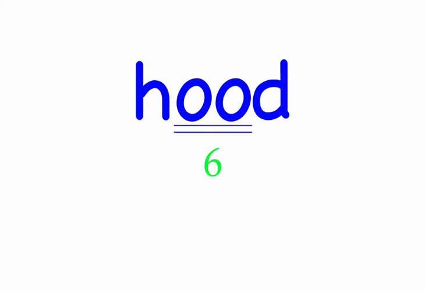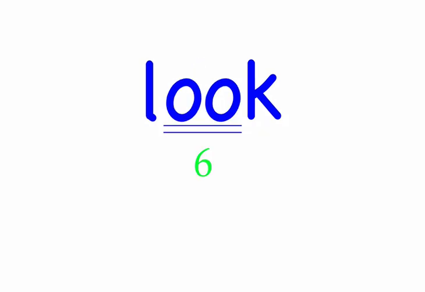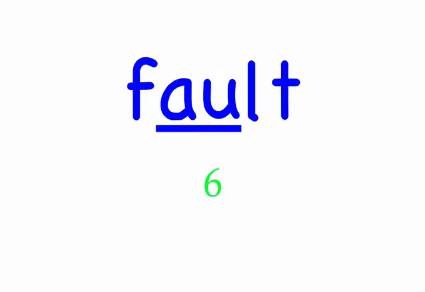Row 4. Look. Look both ways before you cross the street. Look, 3 sounds: l, k. Fault. This is no one's fault. Fault, 4 sounds: f, aw, ul, t. Stood. She stood in the playground all by herself.